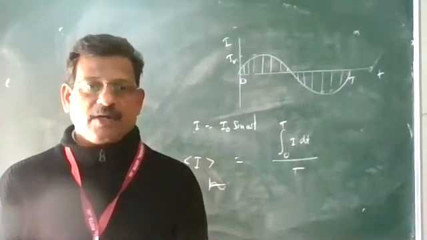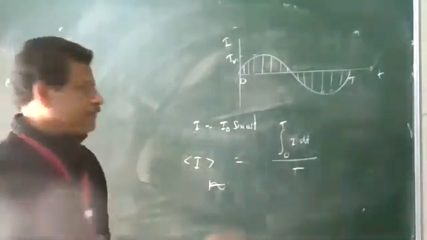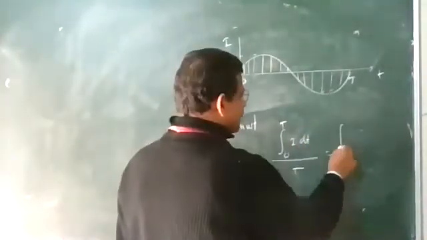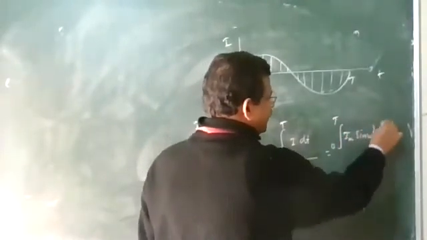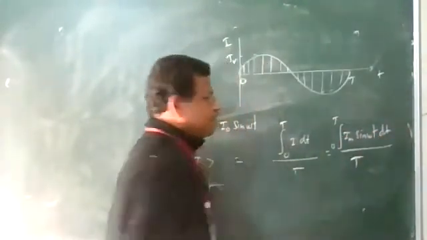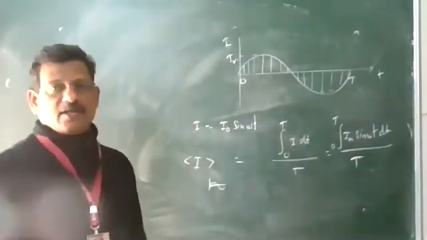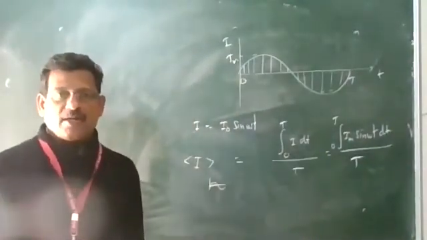Integrate with limits 0 to T, divided by T. So this is the integral from 0 to T of Im sin omega t dt, divided by T.